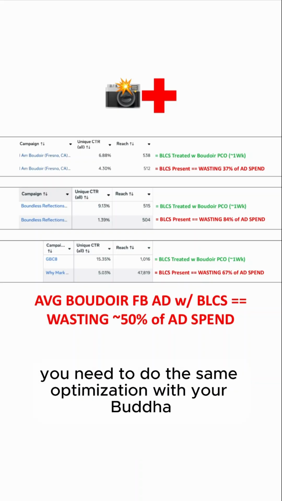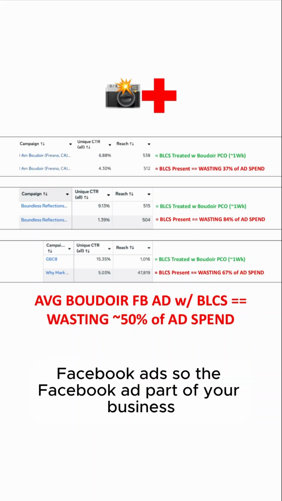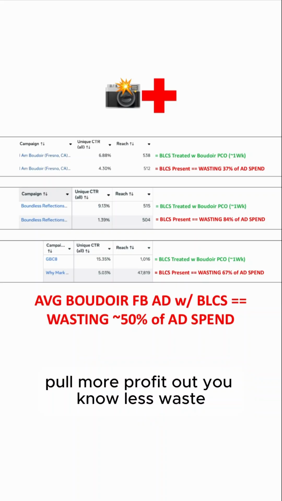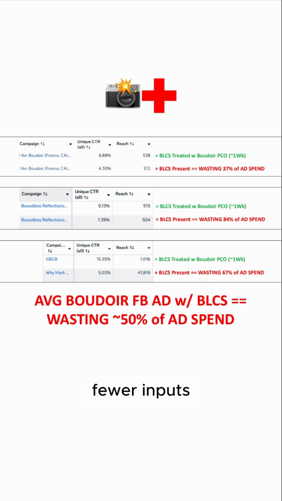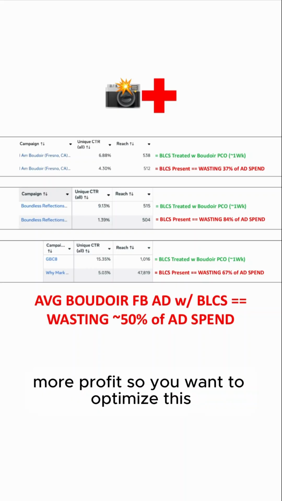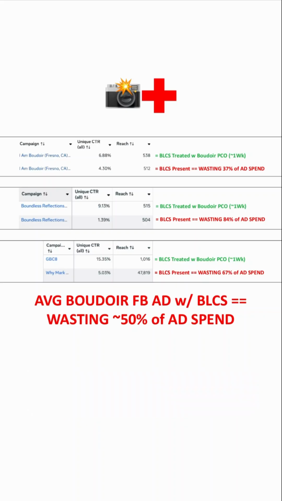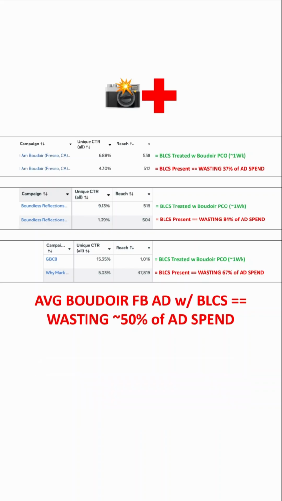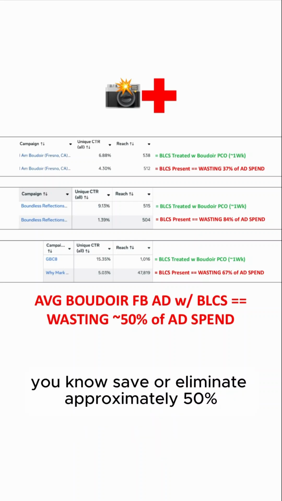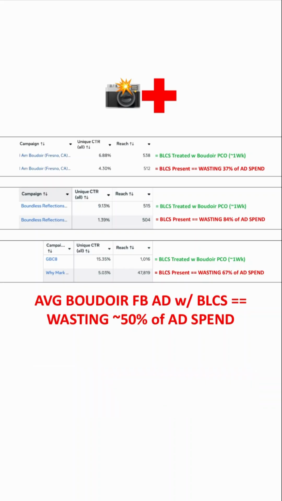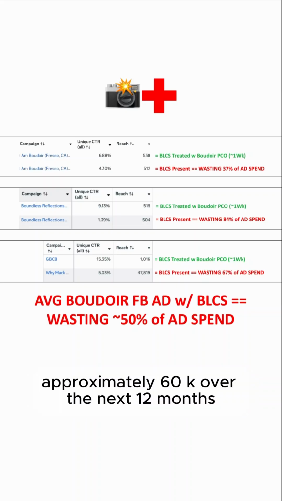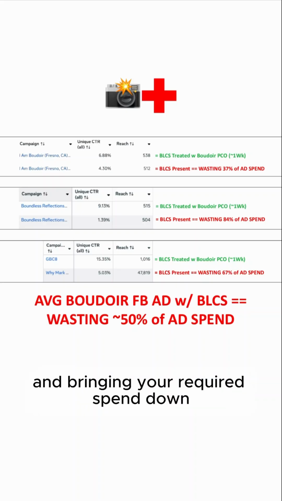And you've decided now you need to do the same optimization with your Boudoir Facebook ads, the Facebook ad part of your business, to pull more profit out, less waste, fewer inputs, same profit or more profit. So you want to optimize this, and you're seeing what Boudoir Pico has done for others, the Boudoir Pico treatment, and you see that on average it can save or eliminate approximately 50%. 5K a month put back in your pocket, approximately 60K over the next 12 months by eliminating the wasted spend and bringing your required spend down.